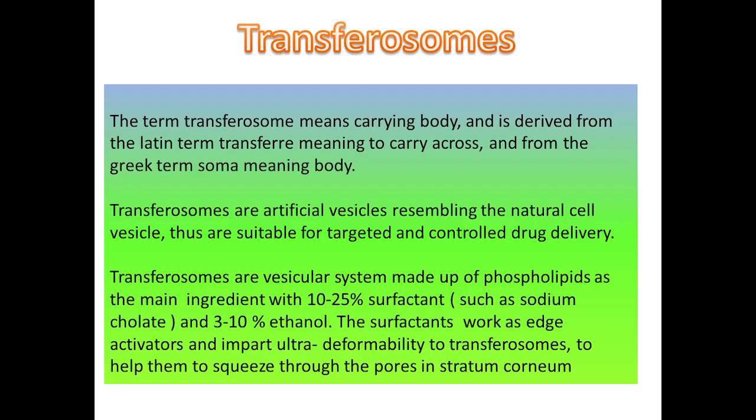What is the role of surfactant? Surfactant will act as an edge activator and impart ultra deformability to transferosomes to help them squeeze through the pores in the stratum corneum.